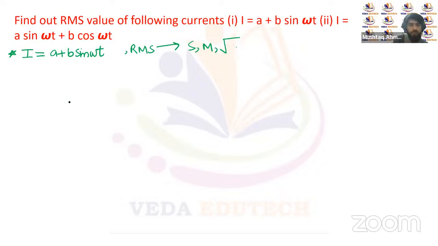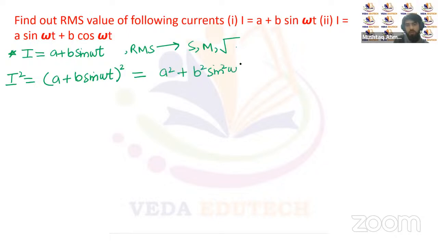First of all, we'll square this current. It will be I square, that is (A + B sin ωt) whole square. So it will be A square plus B square sin square ωt, plus 2AB.